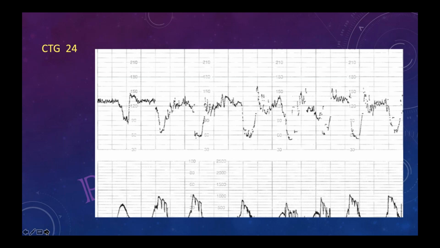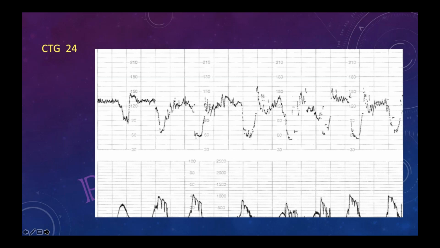The number of contractions is around 3. And the baseline heart rate is around 120 with good variability, it's more than 5. And there are early decelerations.